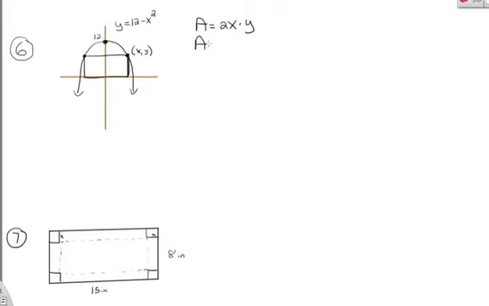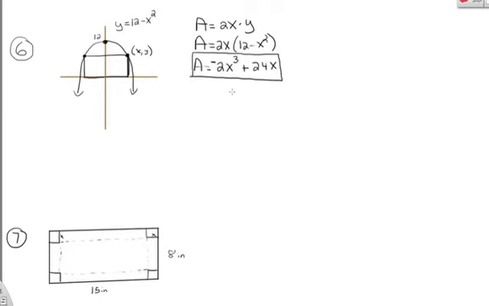So that gives me area equals 2x times 12 minus x squared, or area equals, let's see, what are we going to get? Negative 2x cubed plus 24x. And this is what they want to maximize.